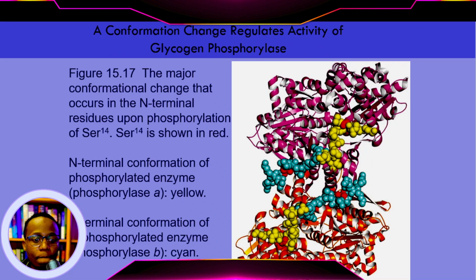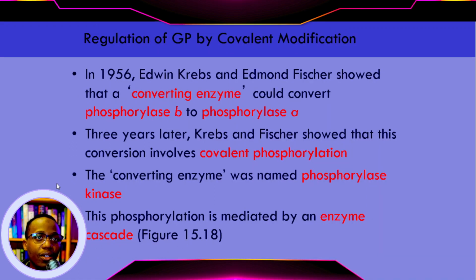So again, this is an example of the phosphorylation site at serine 14, right? So let's talk about this regulation a little bit. In the 50s, that's when they found that there is an enzyme that converts phosphorylase B to phosphorylase A, right? And then later they found out that the conversion happens by phosphorylation.